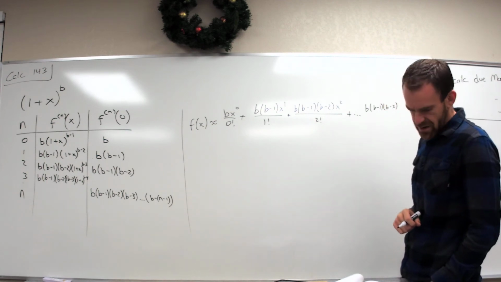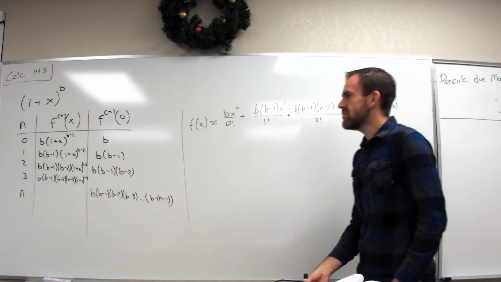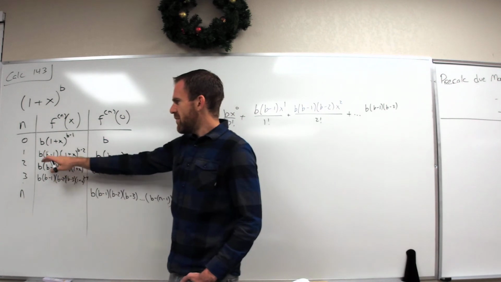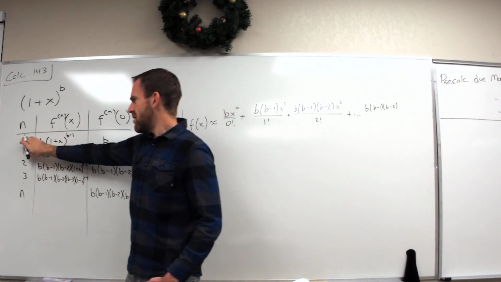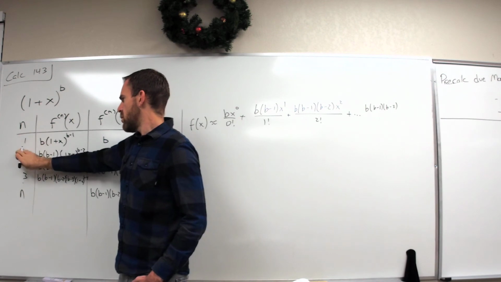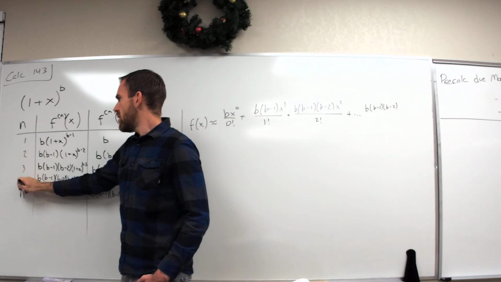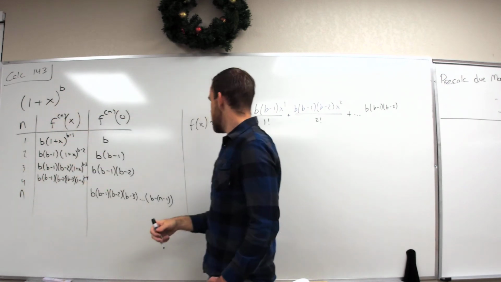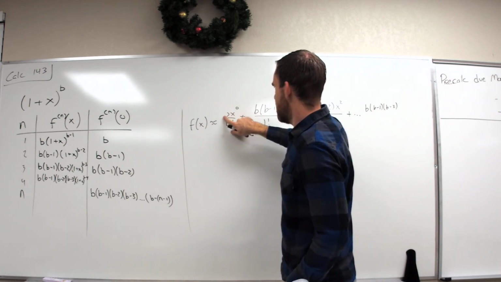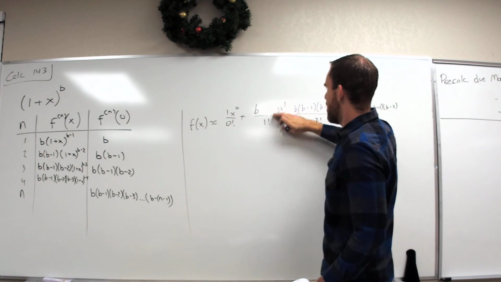I'm off by a factor. Huh. This is why we're off by 1. So I took the derivative and put it here. So this is actually 1. Good catch. So our first term is just this when you plug in 0, which is 1. So I should have a 1 here. Then b. There we go.